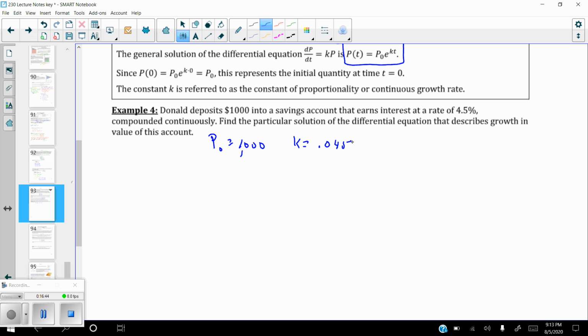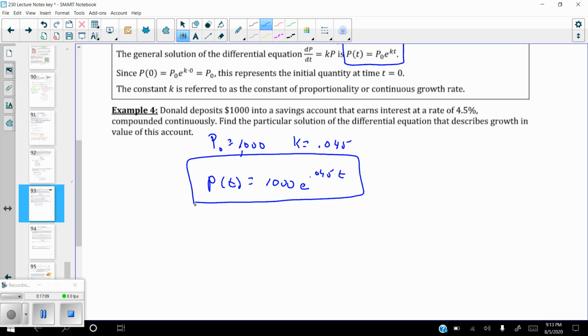So that's your actual k value. So now all we have to do is pretty much plug this stuff in. It says find the particular solution to the differential equation that describes the growth. Okay, so we've got pretty much everything we need. So we know that P of t is going to be 1,000 e to the 0.045t.